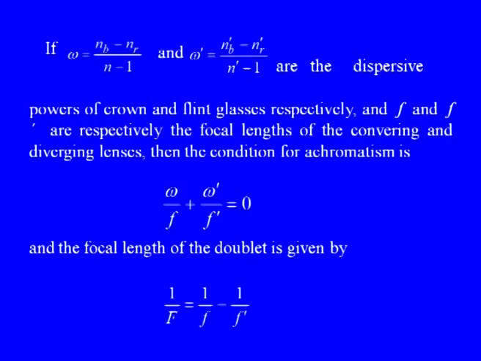This actually follows from the last relation we obtained, because the longitudinal difference between the two foci for blue and red is really given by omega by f. So, omega by f for one is compensated by omega by f for the other. The focal length of the combination naturally will be given by this relationship.